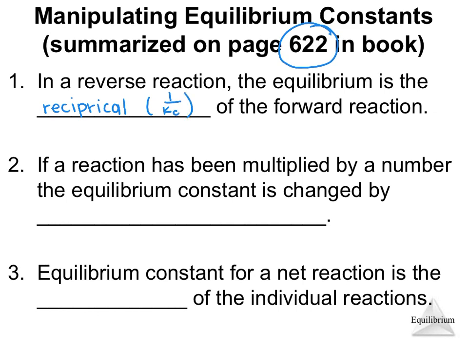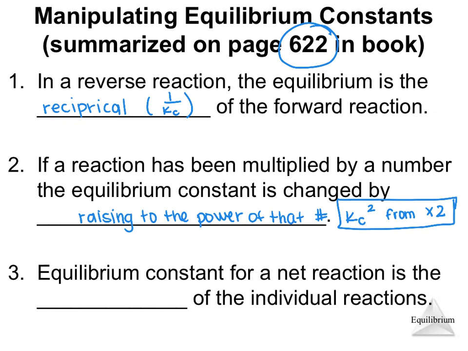If a reaction has been multiplied by a number, the equilibrium constant is changed by raising to the power of that number. So Kc squared would be from 2 times the equation. And then the last one we just did, equilibrium constant for a net reaction, is the product of the individual reactions.